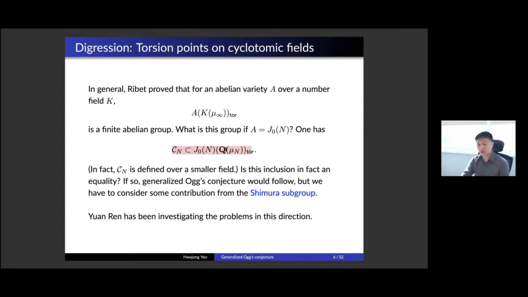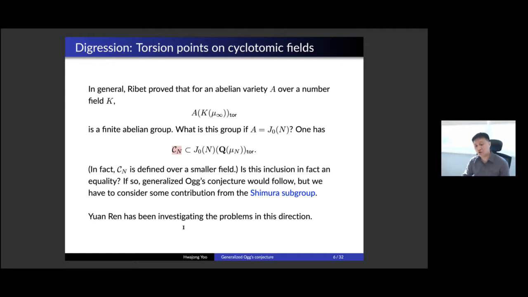Can we prove this is in fact an equality? However, there is some subgroup of this group coming from the Shimura subgroup. So this may not be equal, but maybe this group consists of the cuspidal group and the Shimura subgroup.